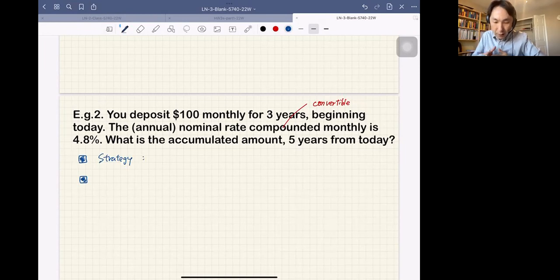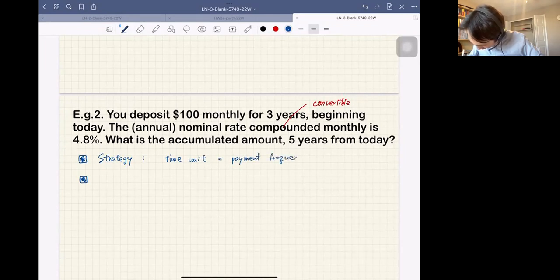Usually the best way to go is to have the time unit equal the payment frequency. So here the time unit is 1 month.